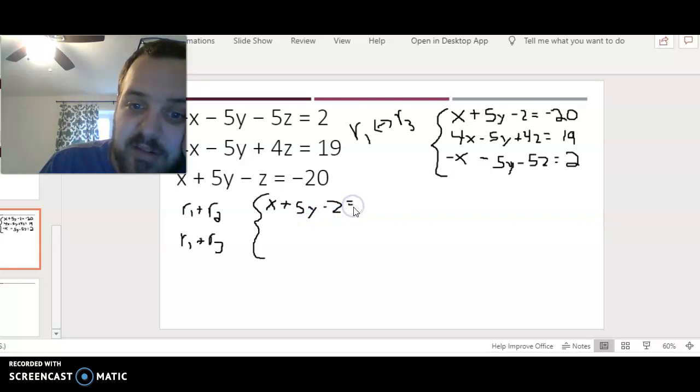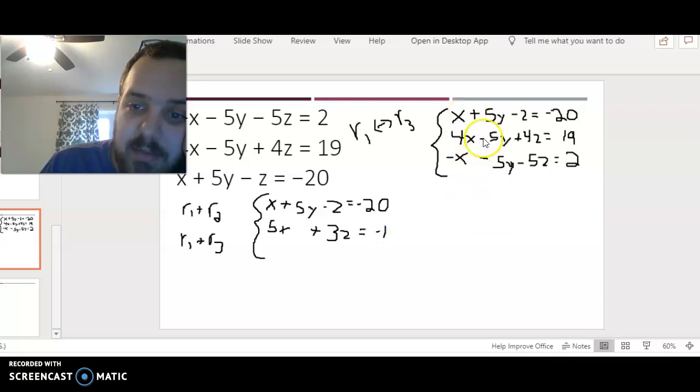My next row is going to change, where I'm going to add in each element from the top. So x plus 4x is going to be 5x. Negative 5y and 5y will disappear and go away. Negative z and 4z will be 3z. And then negative 20 and 19 will be negative 1.